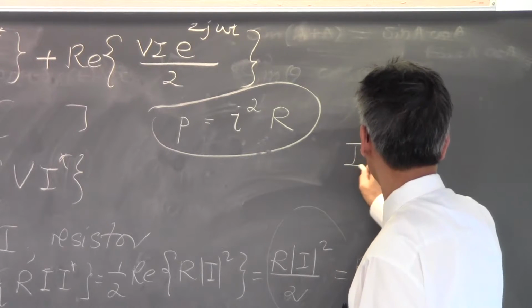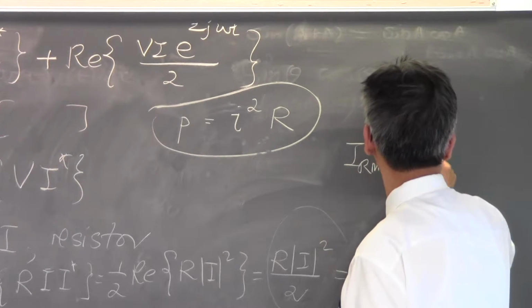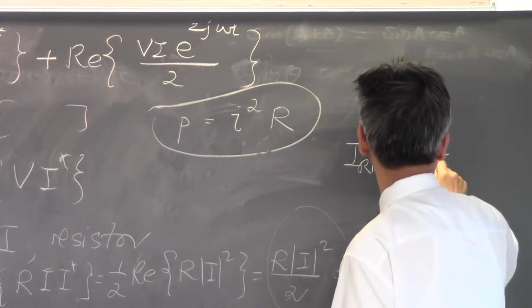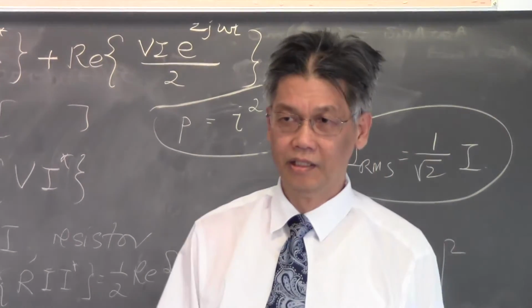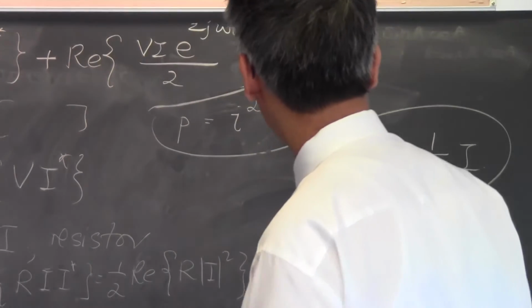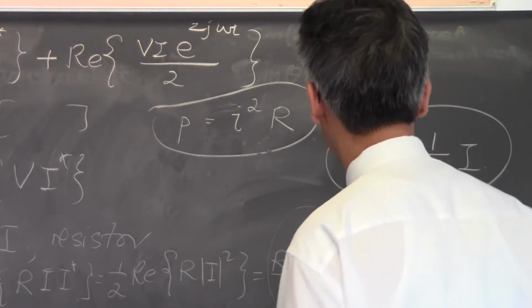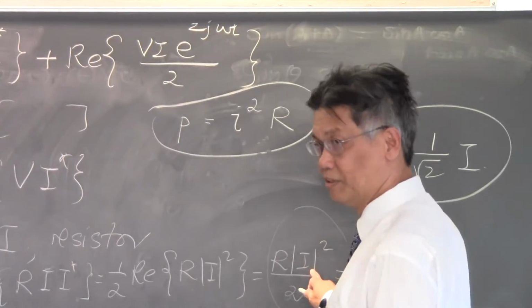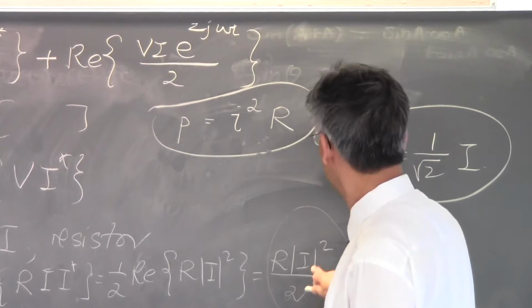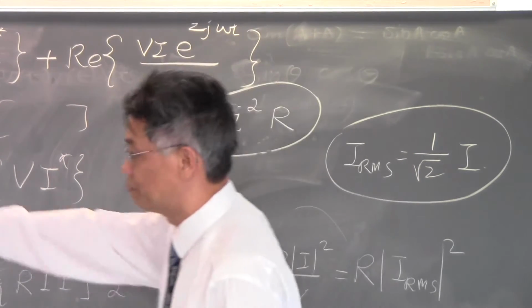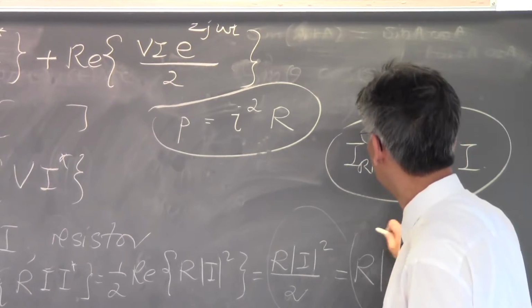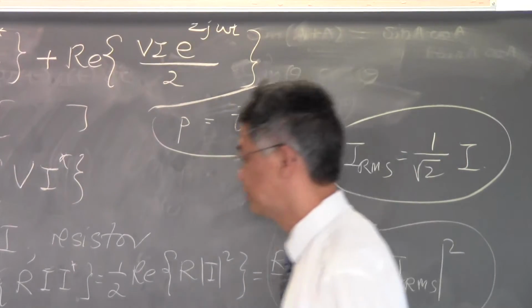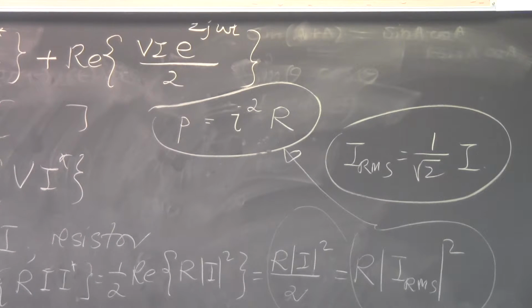If you define I root mean square to be 1 over root 2 of I, where I is the peak value, this I gives you the peak value of the current, and this one is the root mean square value in the plot that I have given you before. Then this formula looks like your old formula that you have learned in resistive networks.